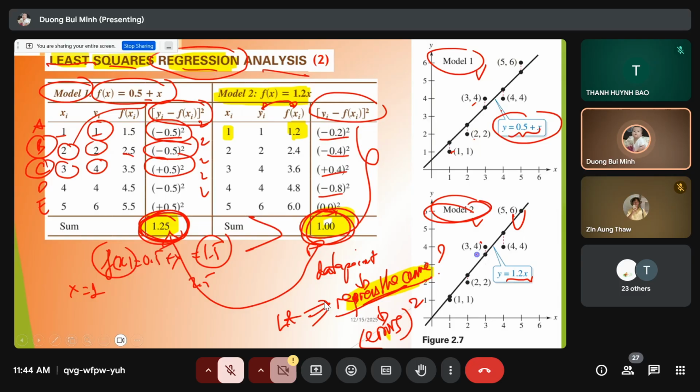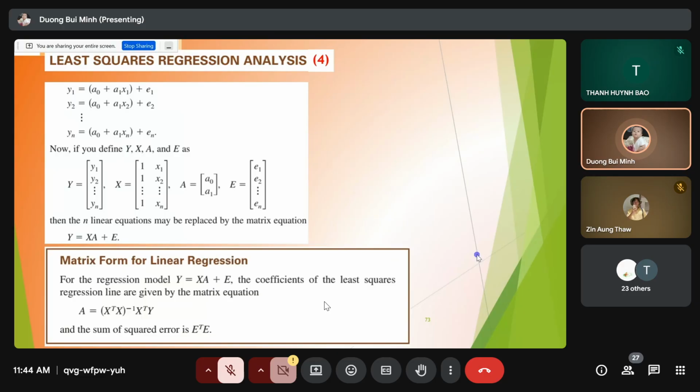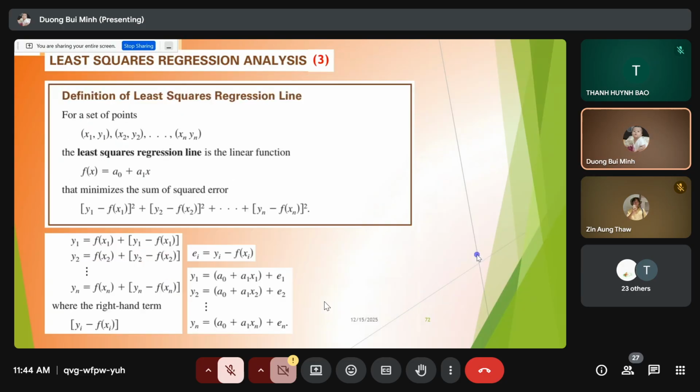Okay, now look. Now we think about linear algebra. We have many points: first point, second point, up to n points. For statistics, n is normally higher than or equal to 30 points.